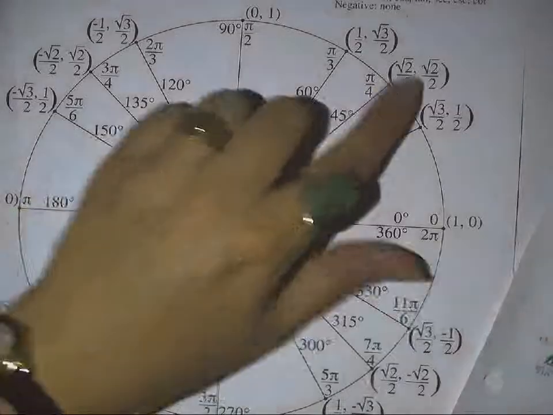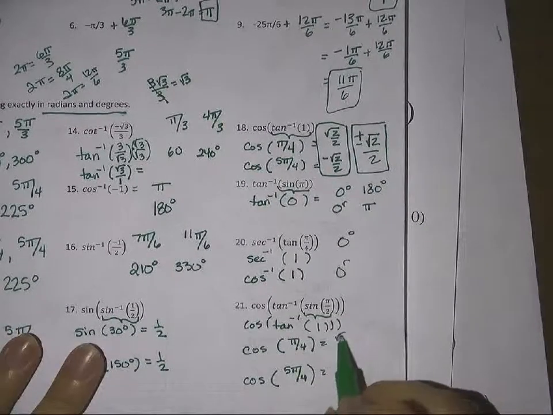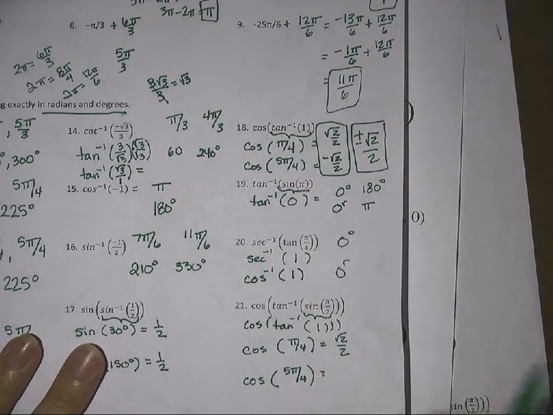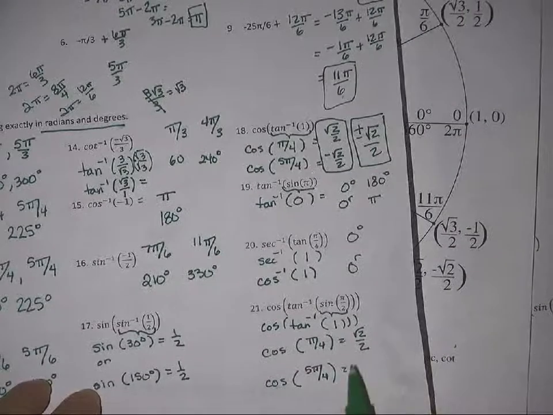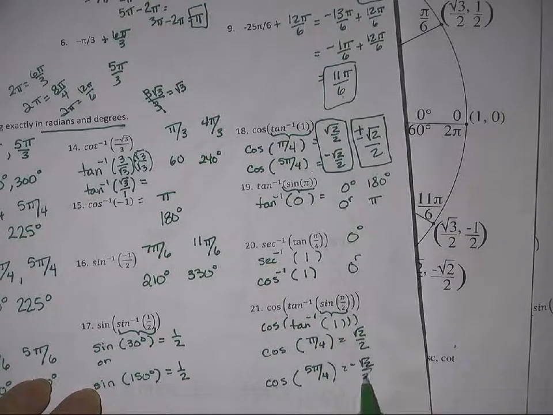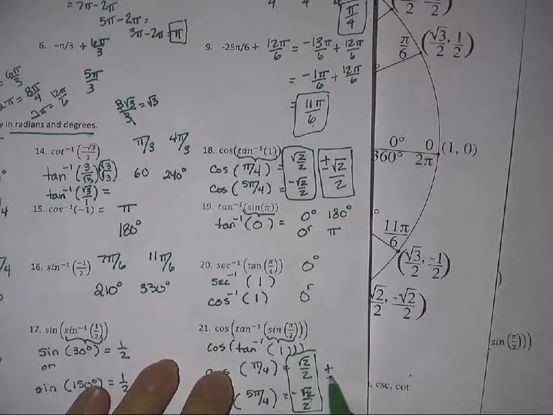Well, what's the cosine here? Well, that's square root of 2 over 2. That's at pi over 4. And what's the cosine at 5 pi over 4? Well, that's negative square root of 2 over 2. And once again, I could write it like this, or I could write it like this.